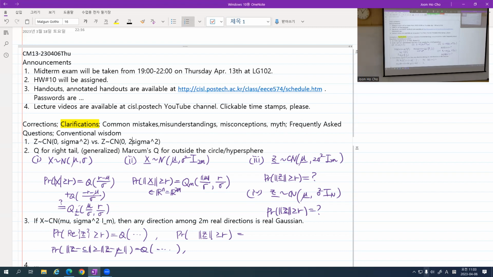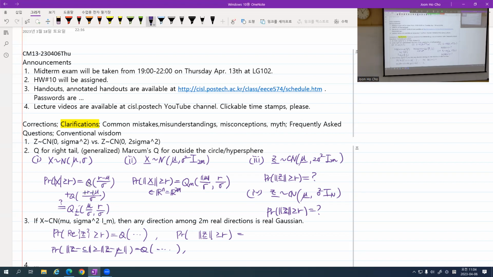Am I correct? Just a second, something's not correct. Okay. Yeah, I'm wrong. Sorry about that. The sign is not correct. So the sign should be changed. The second term is Q of r plus mu divided by sigma, if I'm correct.